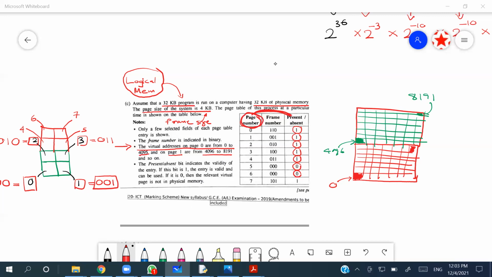Okay. Now give it a try. Everyone else, please give it a try. It's a simple equation that you have to solve, right? And let me know how many bits are there in the logical memory address.